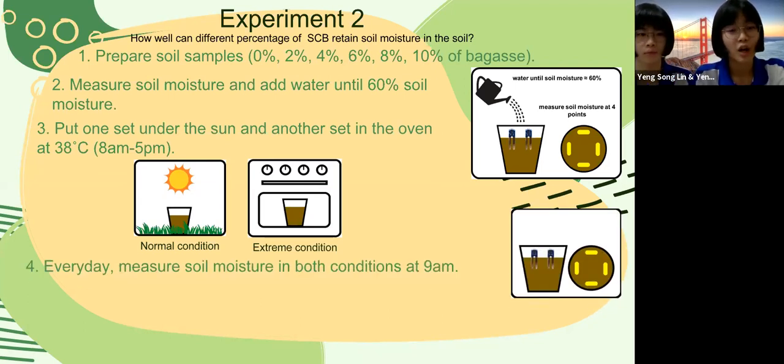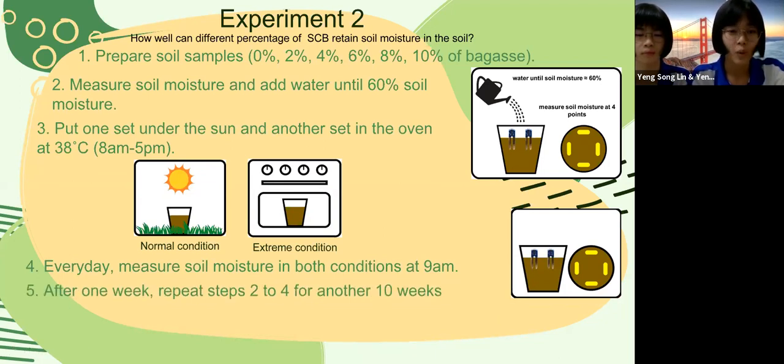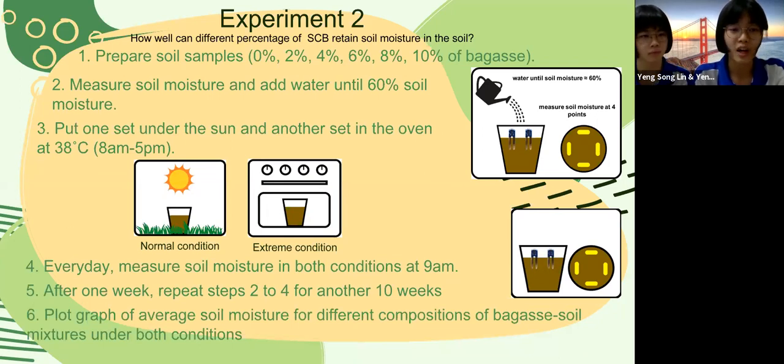Every day, we measure the soil moisture in both conditions at 9 a.m. After 1 week, we repeat steps 2 to 4 for another 10 weeks, meaning that every week we water the soil and every day we measure the soil moisture. Finally, we plot the graph of average soil moisture for different compositions of bagasse soil mixture under both conditions, which we will show in our results analysis part.